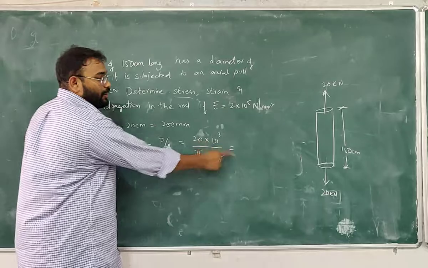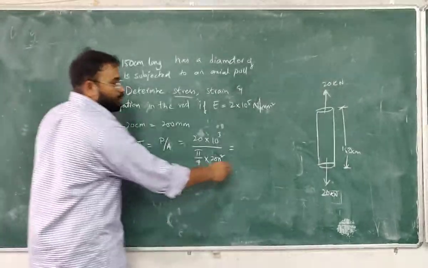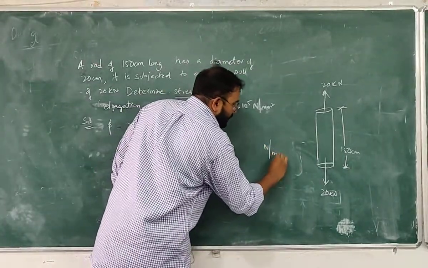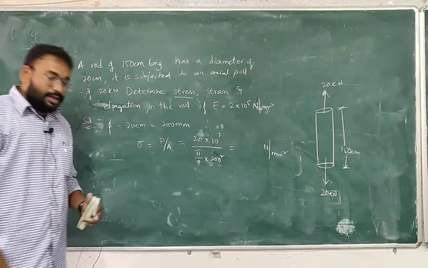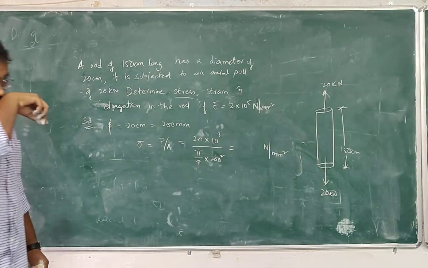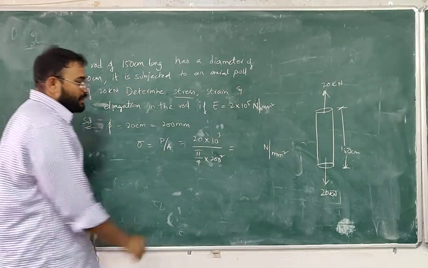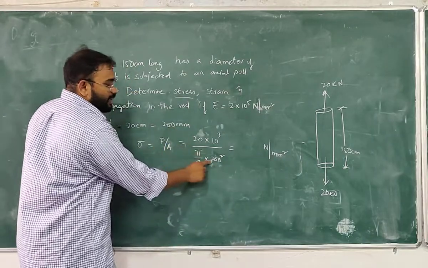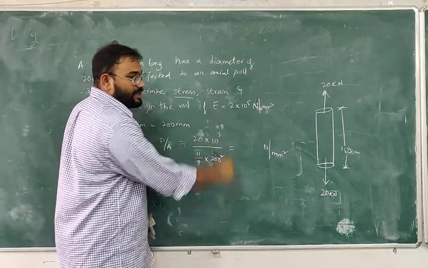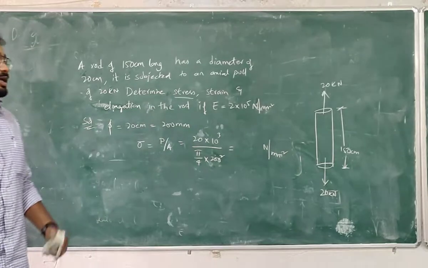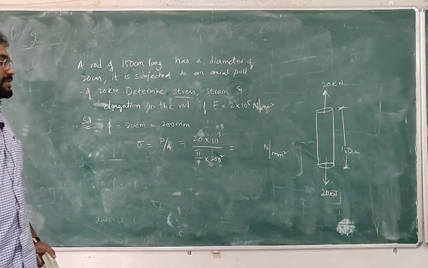Because this is in kilonewton. I want the units to be in Newton per millimeter square. These are SI units. I have substituted 200 in millimeters, so this should be multiplied with 10 power 3 to make it Newton. How much is this?